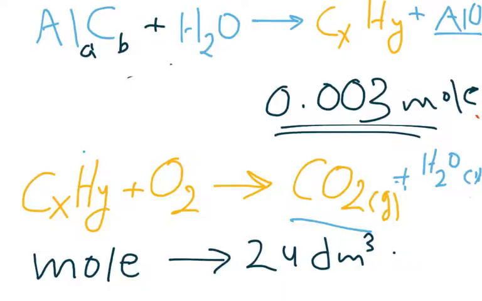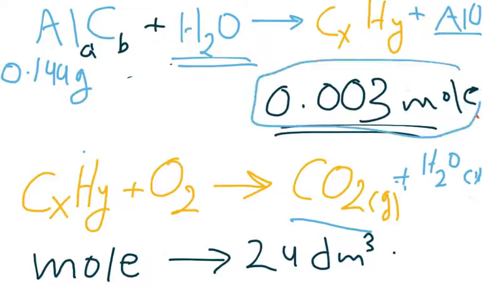Now the idea is that we know this has 1.144 grams, right? We know that the water is in excess, okay? What we do know for sure is we have 0.003 moles of CO2.